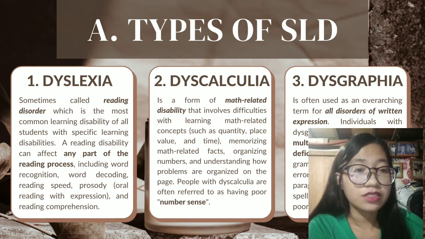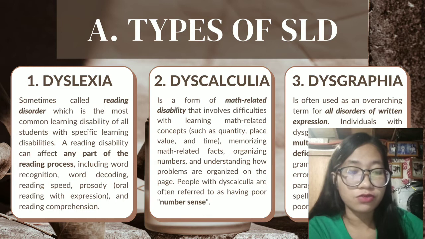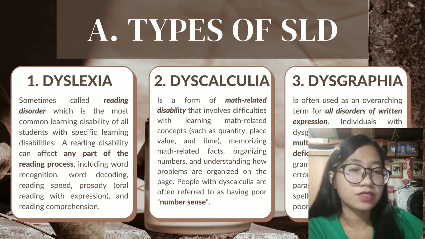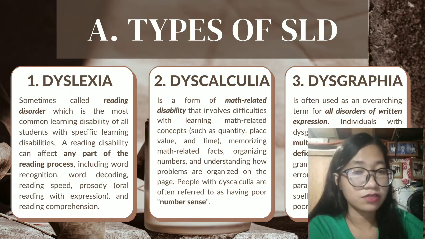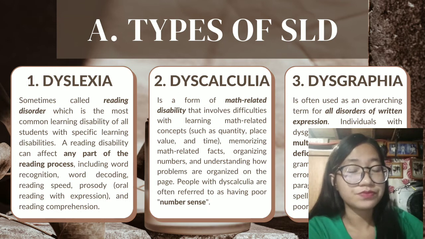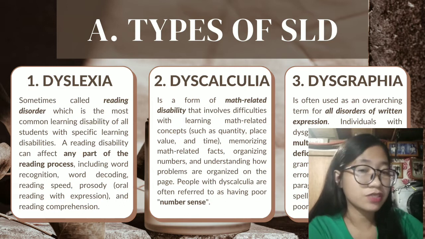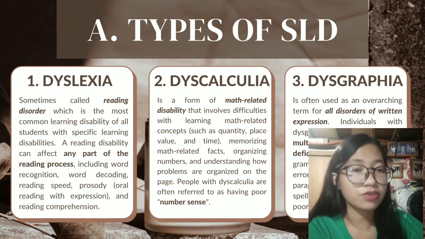So a reading disability can affect any part of the reading process, including word recognition, where the student struggles to recognize a word; decoding, where he struggles with the letter-sound relationship; and reading speed, where his reading is slow, he has many errors, and he may pause often.